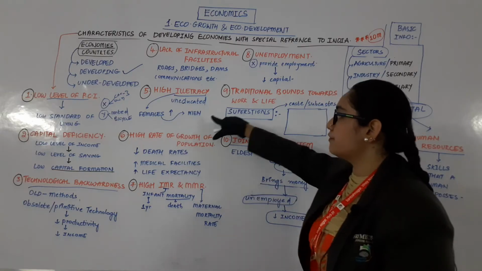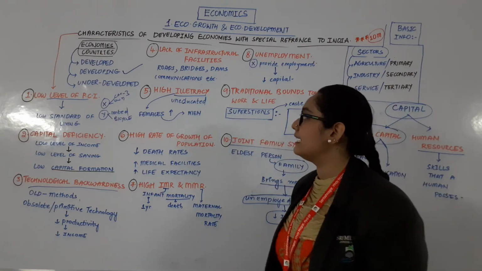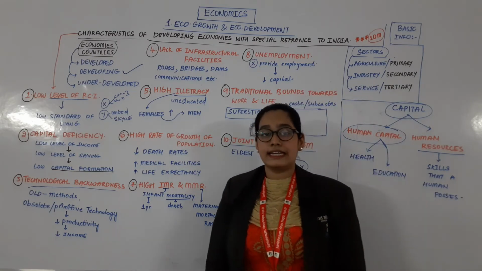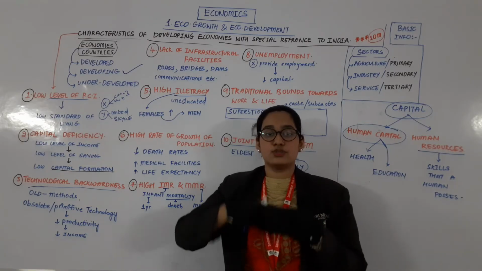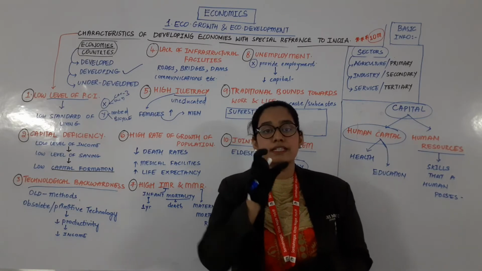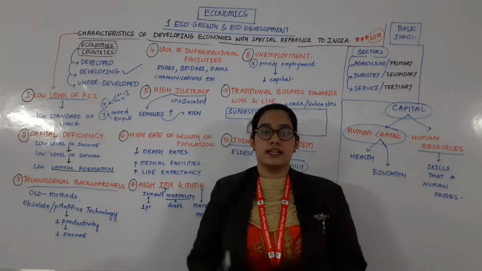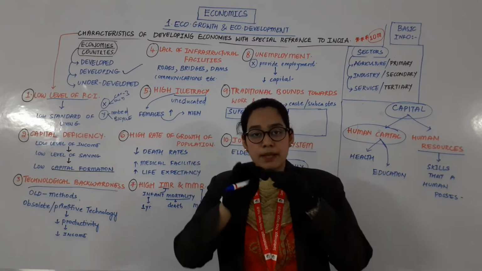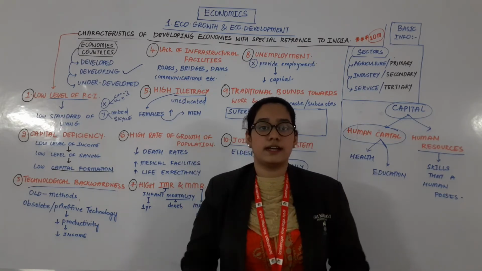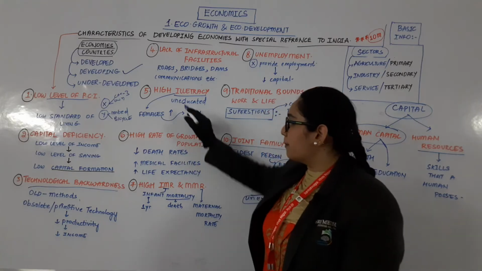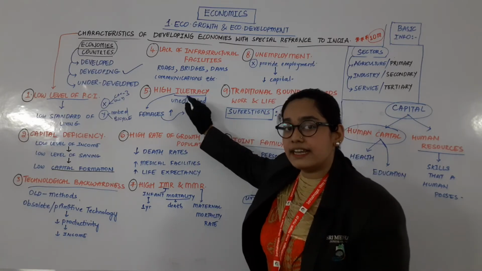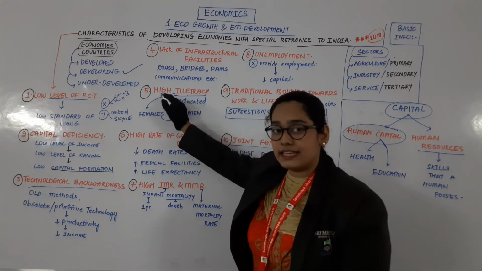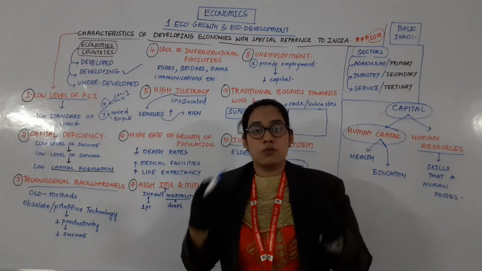Let us see the fifth point, high illiteracy. Illiteracy means uneducated. Illiterate means uneducated person. Illiteracy means number of people uneducated. So, the number of people uneducated are high in our country. Why?